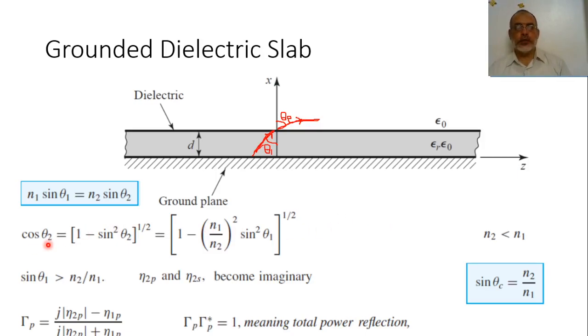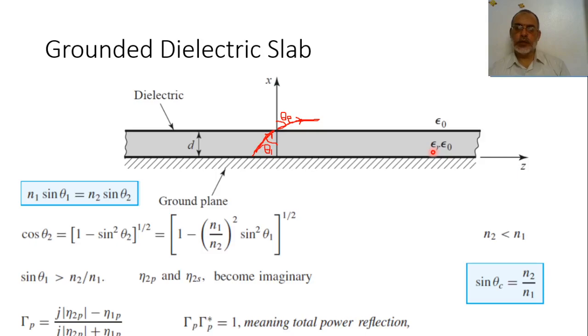So cosine theta 2, or cosine theta transmitted, equals square root of 1 minus (n1 over n2) squared sine squared theta 1. In our case, n1 over n2 corresponds to the square root of epsilon r, so (n1 over n2) squared is epsilon r, and epsilon r is assumed to be greater than unity.